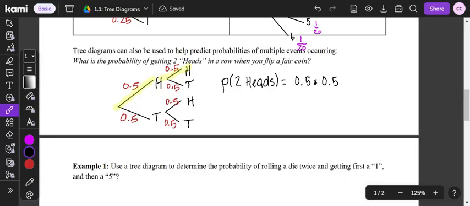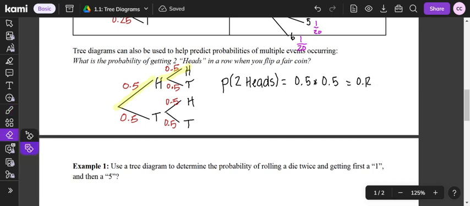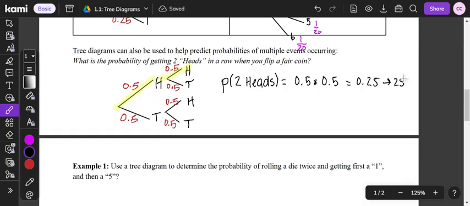And if you put that in a calculator, 0.5 times 0.5, that is 0.25. Or we know that's 25%. So there is a 25% chance of flipping a coin and getting two heads in a row.